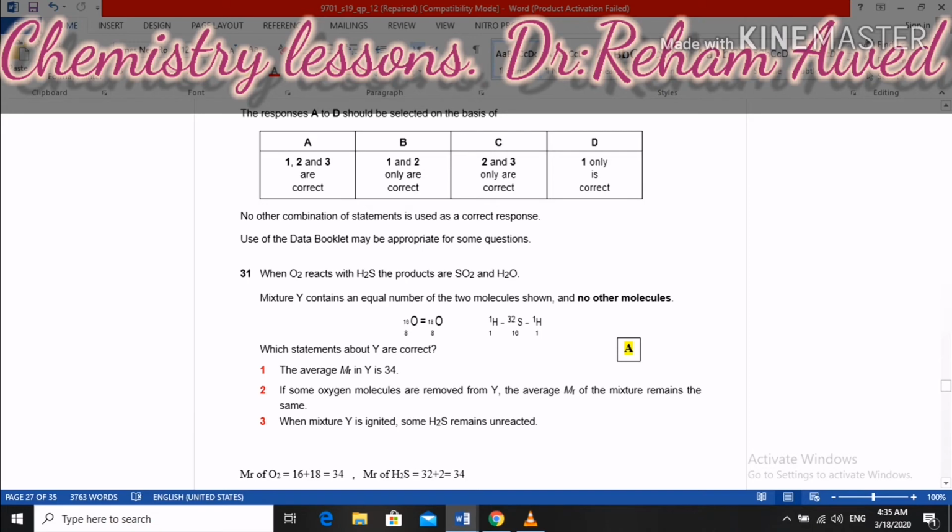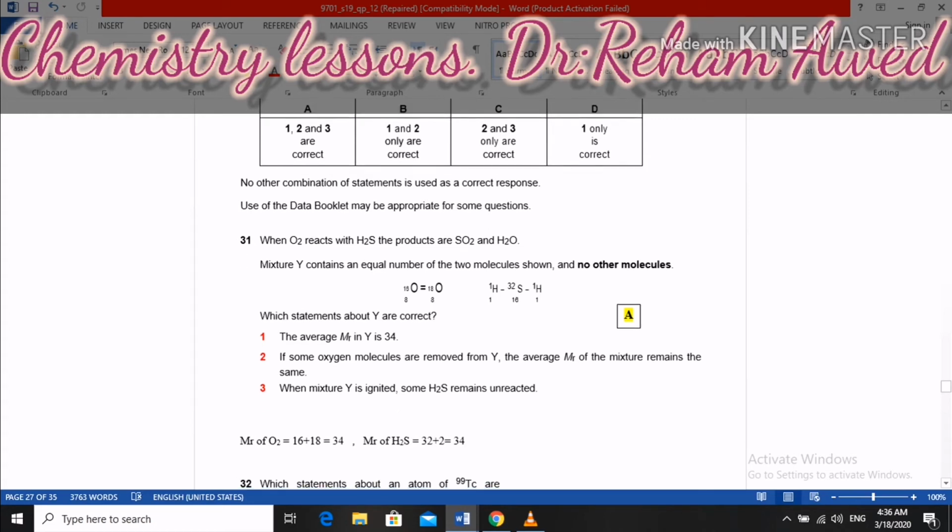If some molecules are removed from Y, the average relative molecular mass of the mixture remains the same. Of course, if we remove oxygen, we will have H2S, hydrogen sulfide. Its relative molecular mass is 32 plus 2, so we have 34, so it is the same. So the first choice is correct. Average Mr is 34. Second choice is correct.